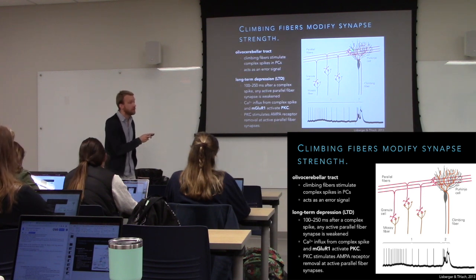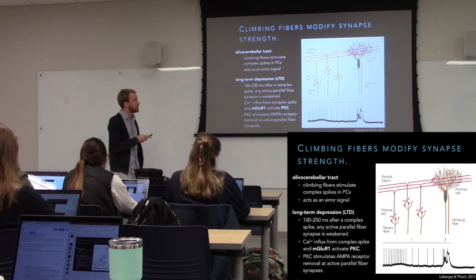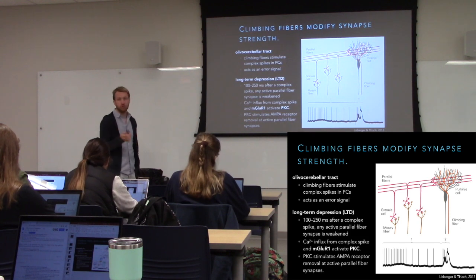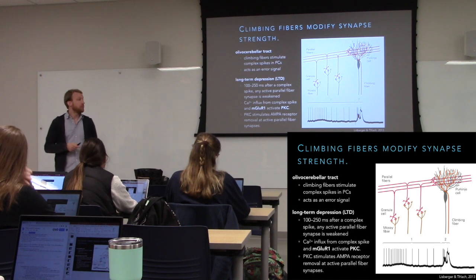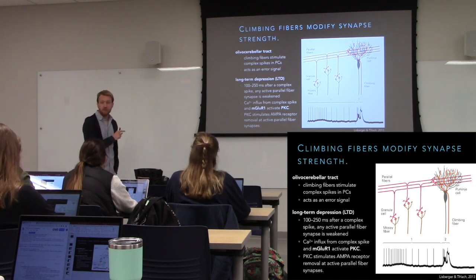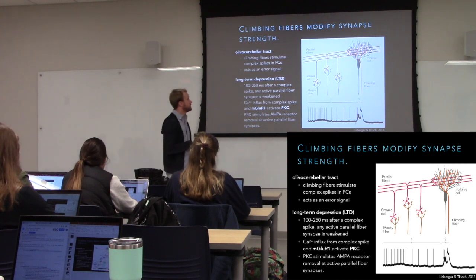What this climbing fiber input does is provide synchronous excitation at a large number of synapses for a Purkinje cell. Our parallel fibers will give us one, two synapses, but the climbing fibers are going to give us hundreds of synapses.